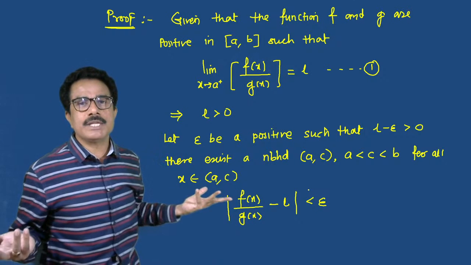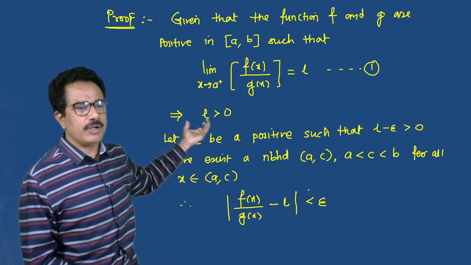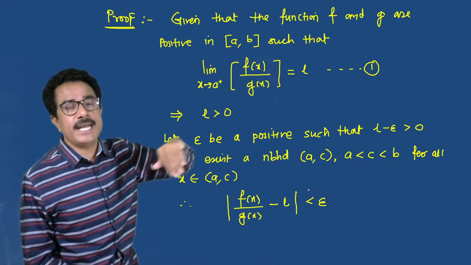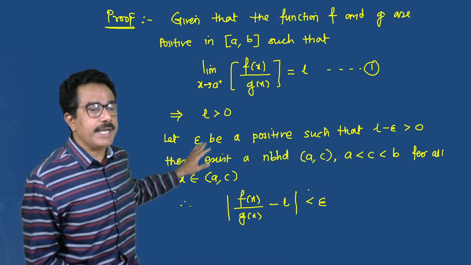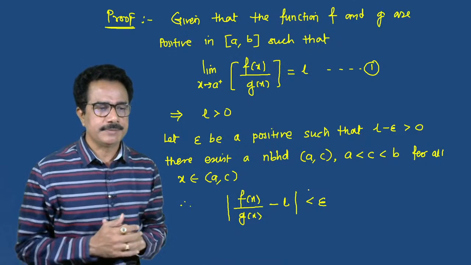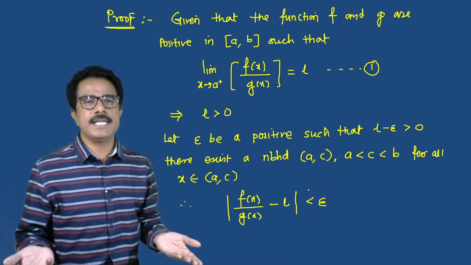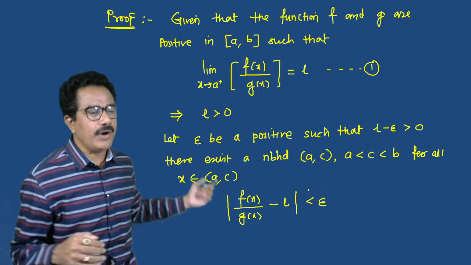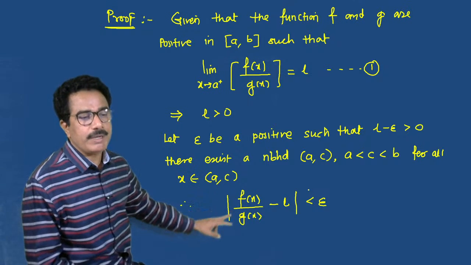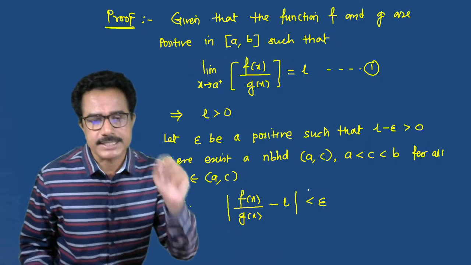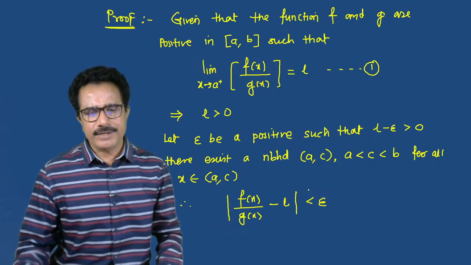Now we have to use the definition of the limit. Let epsilon be a positive number such that L minus epsilon is again greater than 0. There exists a neighborhood a comma c, a is less than c is less than b. For all x belongs to a comma c, we can write mod of f of x divided by g of x minus L, which is less than epsilon. This is the definition of the limit.